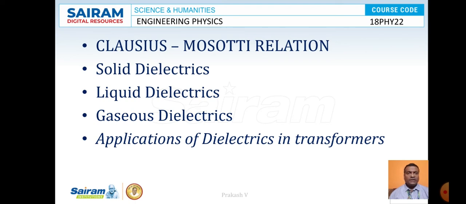Dielectrics are classified as polar dielectrics and non-polar dielectrics. If the center of gravity of the positively charged nucleus and the electron cloud coincide, the molecule is considered a non-polar dielectric material. If the center of gravity of the positively charged nucleus and the electron cloud do not coincide, such molecules are considered polar dielectrics.